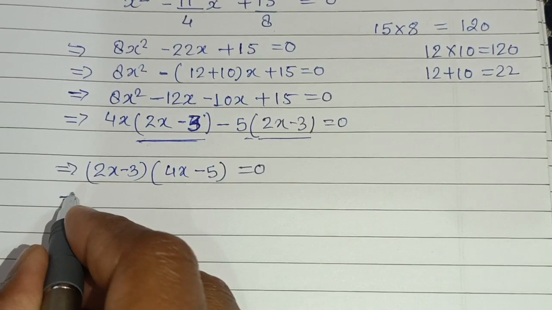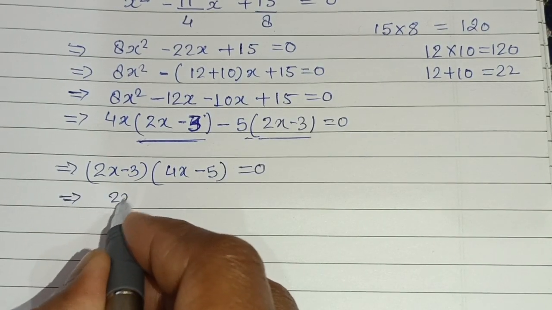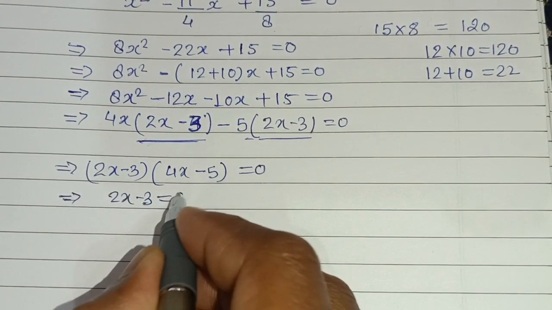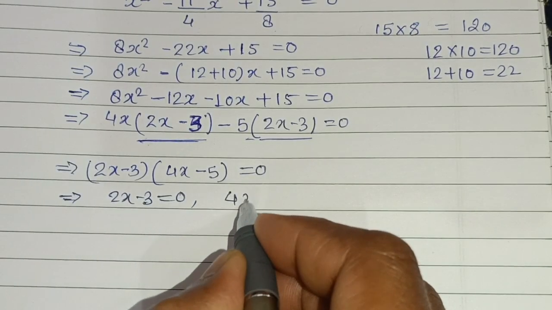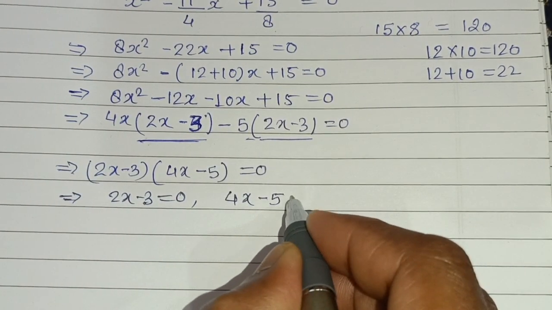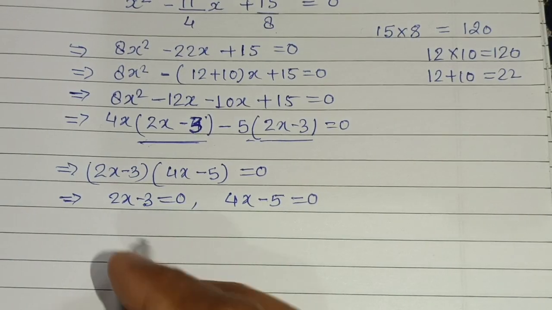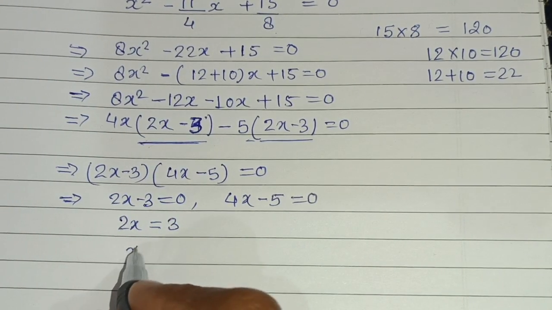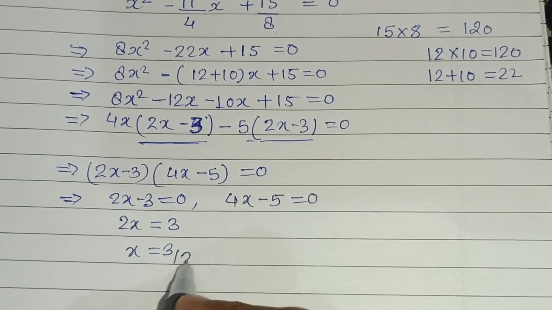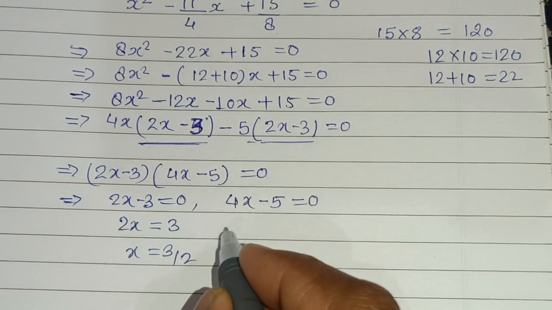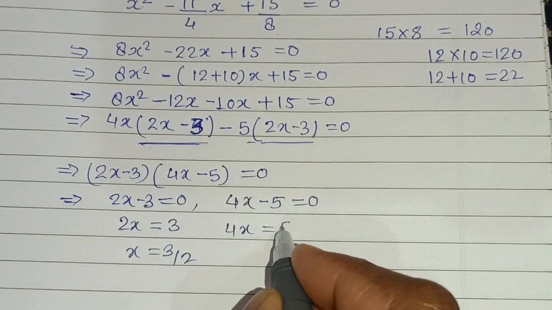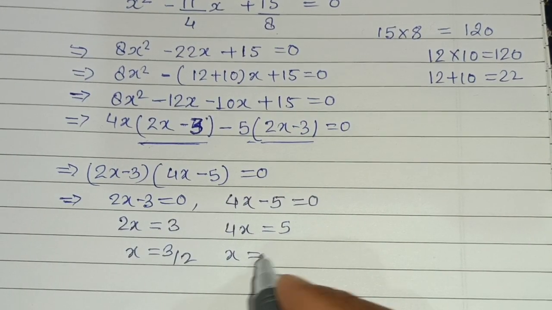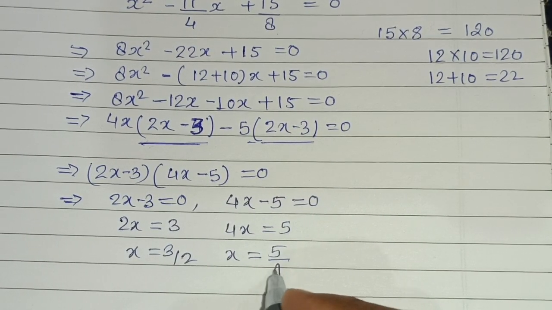So 2x minus 3 equal to 0, 4x minus 5 is equal to 0. So 2x equal to 3, so x equal to 3 by 2. 4x equal to 5, so x equal to 5 by 4.